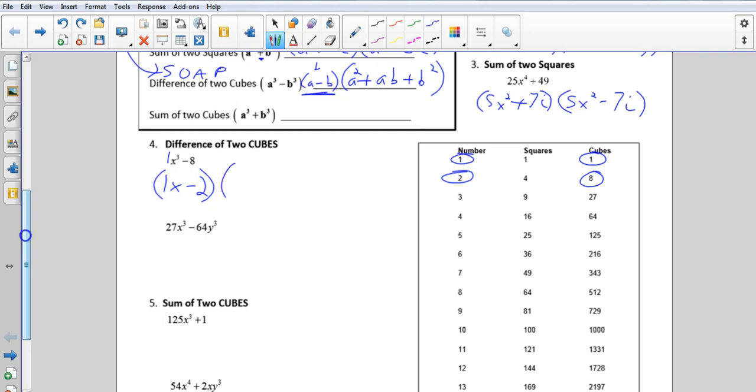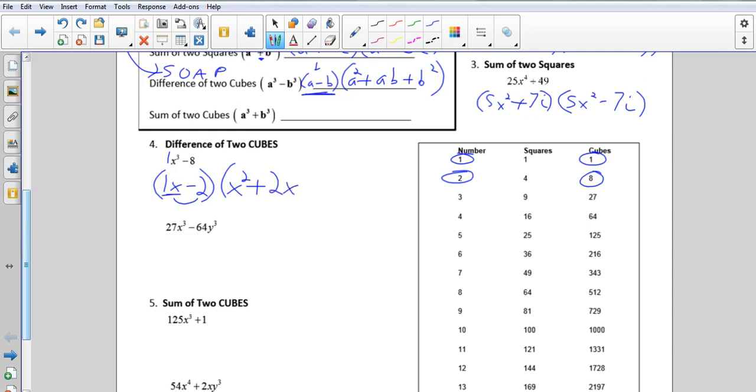Now, so that was the same. We're going to square a. That's x squared. Now we're going to multiply these two terms. And in SOAP, we're going to do the opposite. Negative 2 times x is negative 2x.